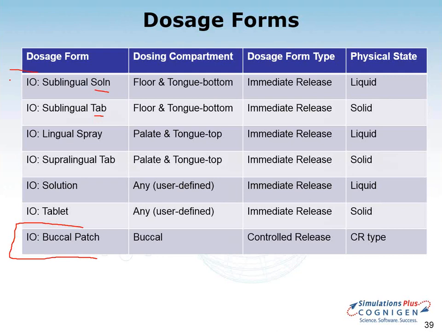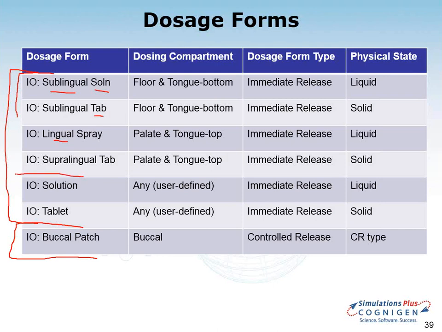For these others, we just made it a little bit more simple. Again, they are only solutions or a simple immediate release tablet, but we did predefine some of the common administration sites like sublingual or lingual, top of the tongue, just to make it faster for you to set up the application site or administration site.